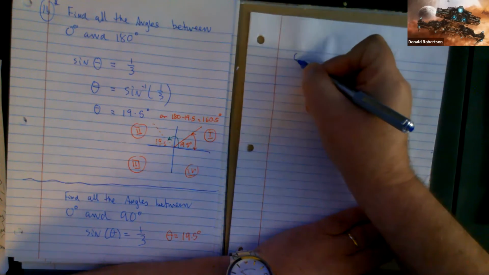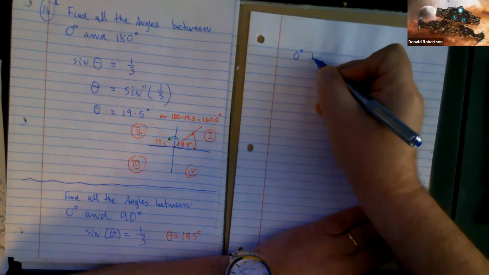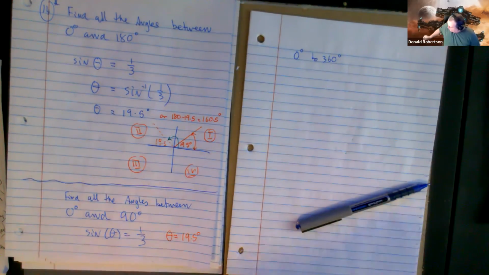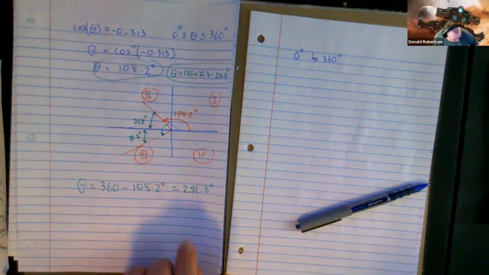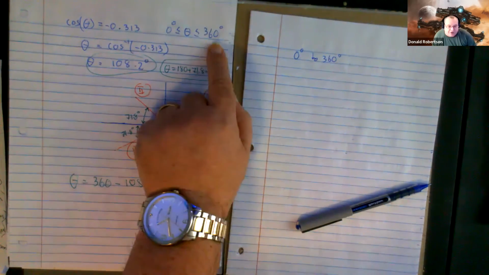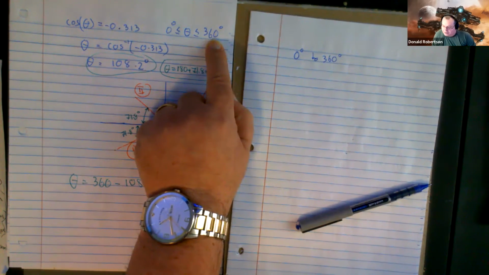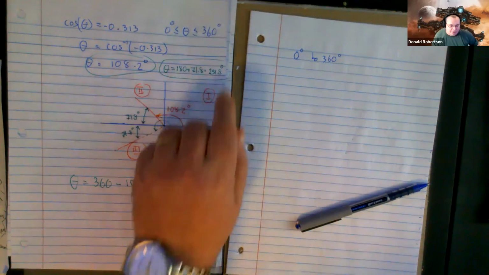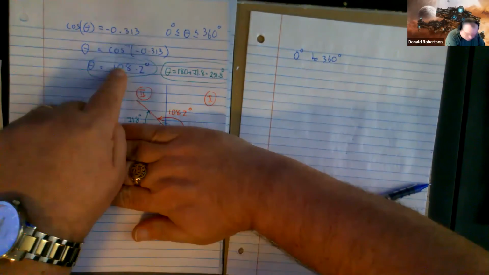We want angles in the range 0 to 360 again. Oh, by the way, in that previous question, the one we just finished, if I'd said give me the angle from 0 to 180, wouldn't we only have given the first one?